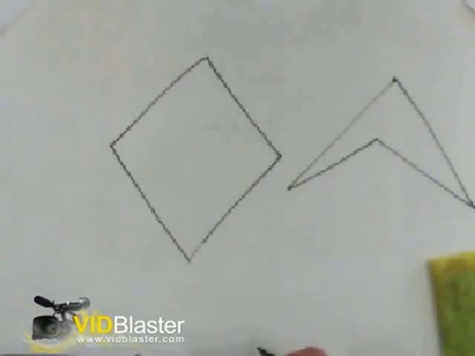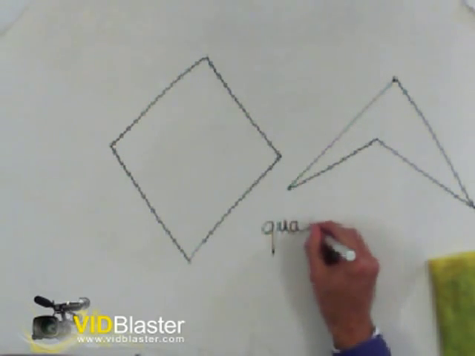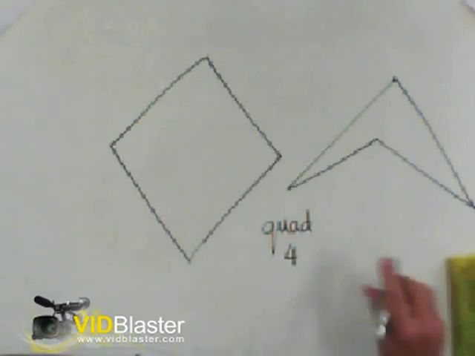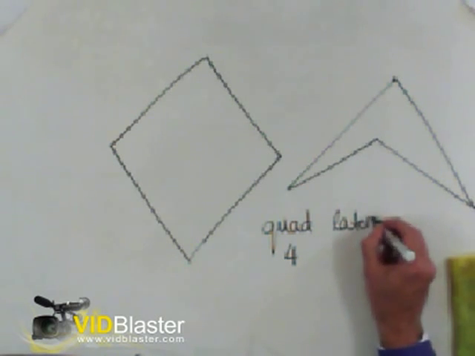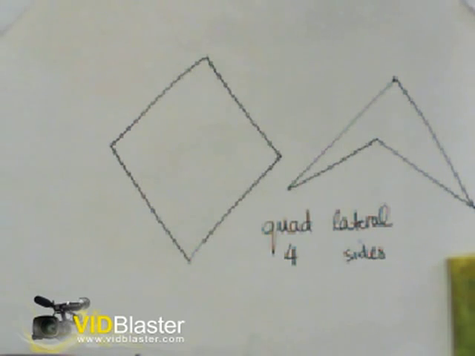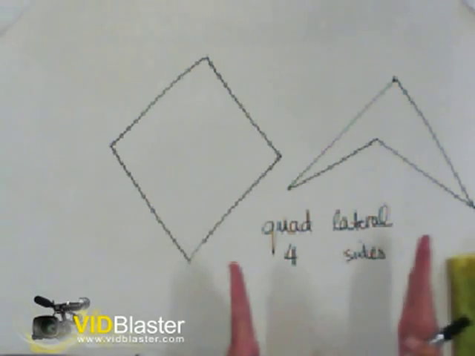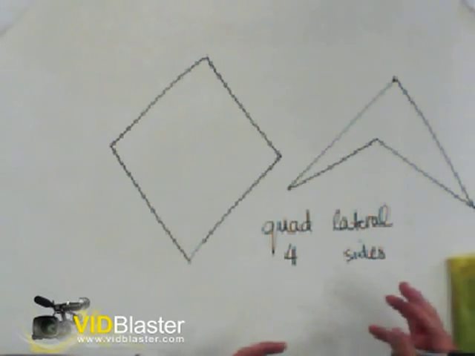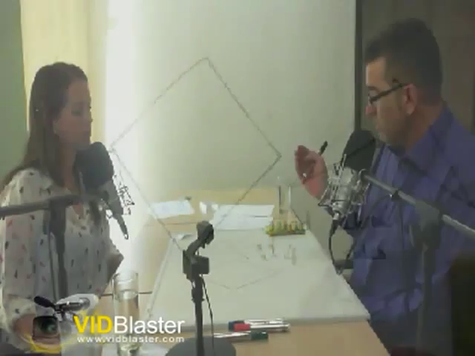There we've got the word quad, which means four, and lateral, which refers to the sides of the figure. So if we deconstruct the word into those two words to create a definition of the object we're going to work with, at this point it will be a four-sided figure. Yes, a figure that has four sides.